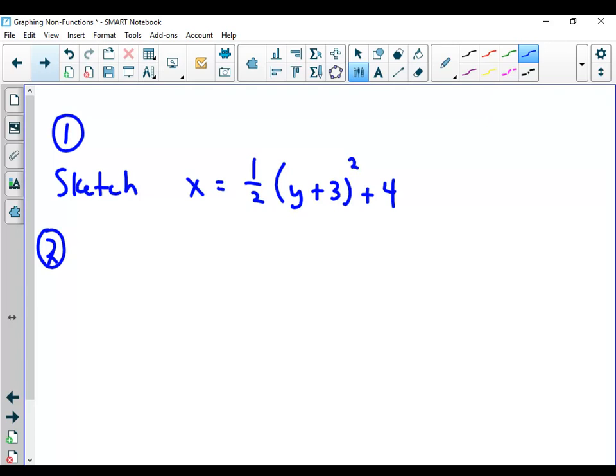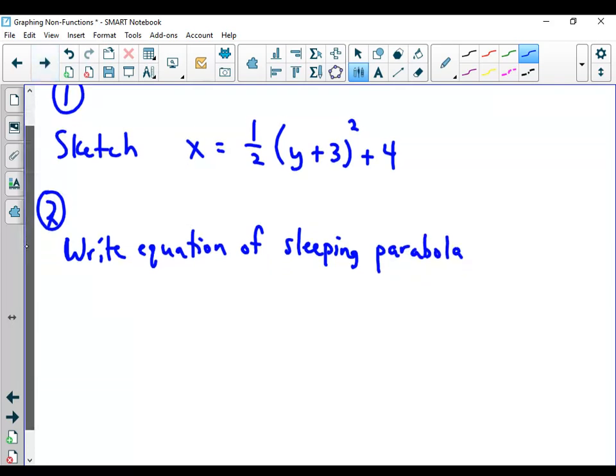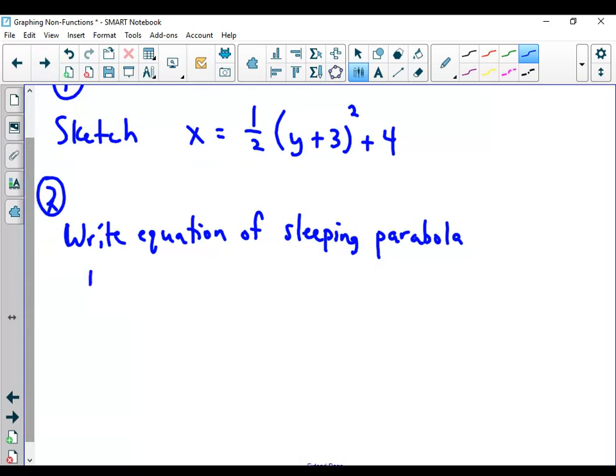Second one is I want you to write the equation of a sleeping parabola that opens left.